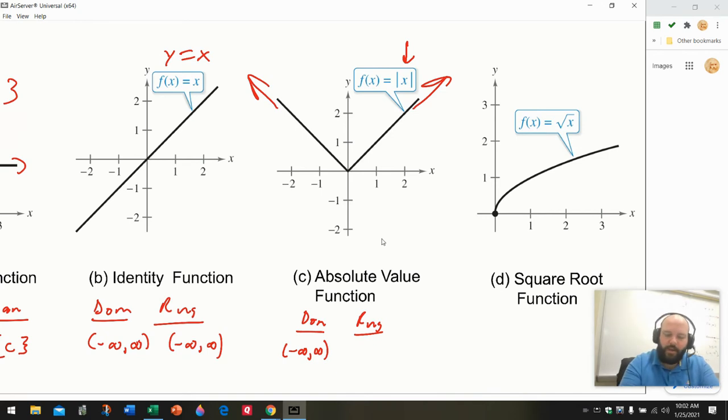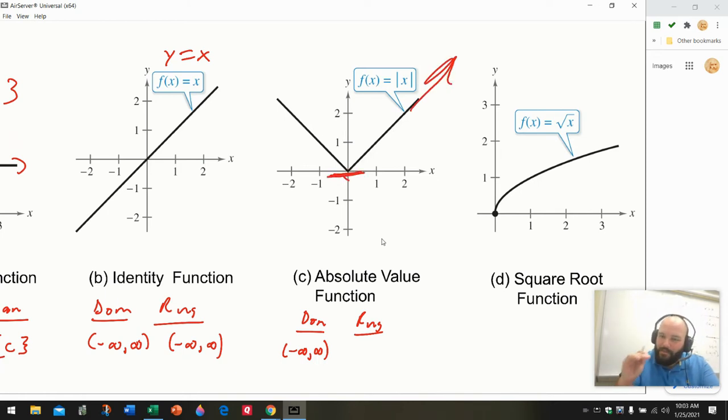Now the range is a little bit trickier because, as you can see, this graph doesn't go down forever. It's capped and it stops right there at the origin. So the y value there is 0. The reason it stops there, as we said, is that this is the absolute value. It takes negative numbers and makes them positive. You can't get a negative number out of this. So the range goes up forever, but it is capped on the bottom.